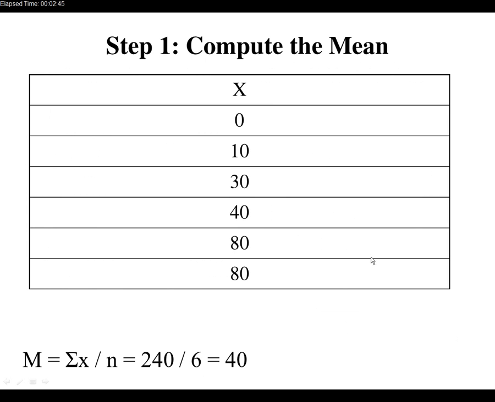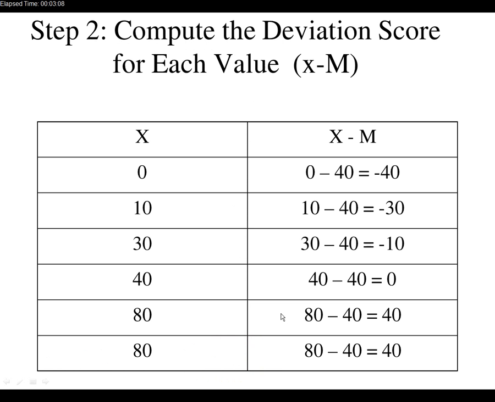And the next thing we're going to do is compute the mean. So the mean for this distribution is the sum of x divided by n equals 240 divided by 6, and as we said before, the mean is 40.